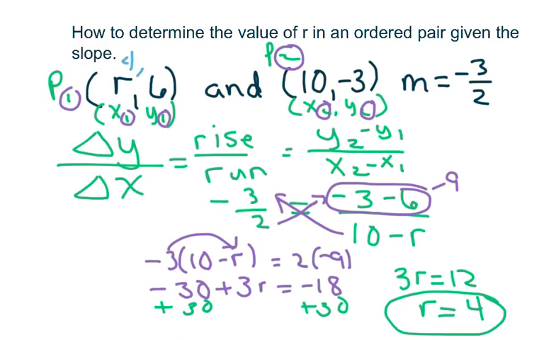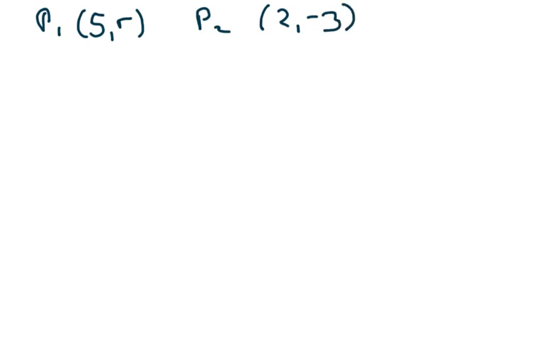Okay, so let's do a few more. We have 5 comma r, and that's my point 1. And my point 2, or my second point, is 2 comma negative 3. And my slope is 4/3.